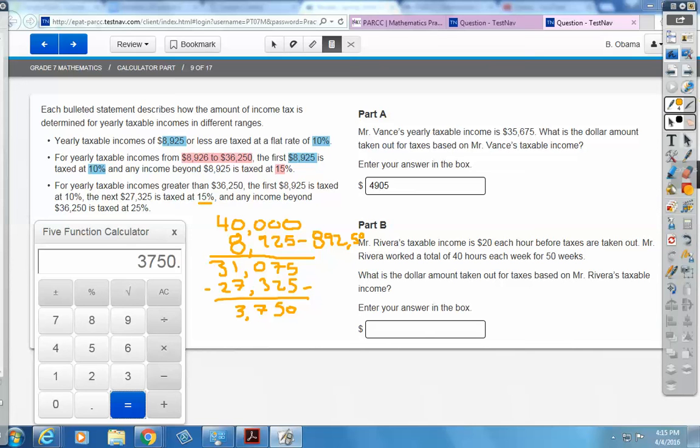And so his tax on that $37,325 is at 15%.